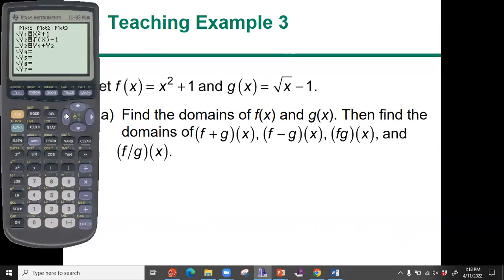Now, if you only want to see that one, you can turn it on and off by using this. So if I only wanted to see my combined one, I can make it dotted, dashed. I can change how they look. So I'm going to make this one a dashed one.